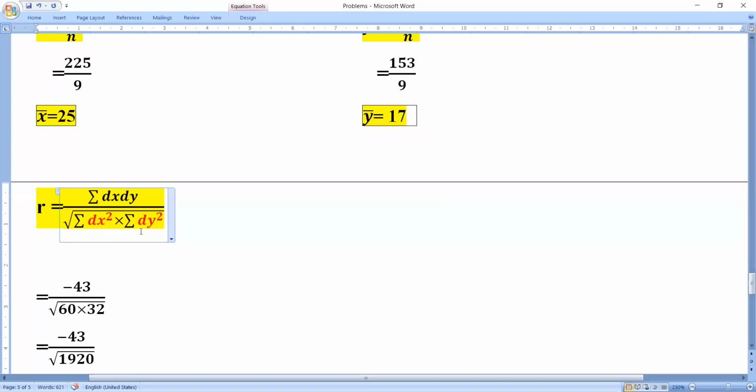This formula is applied when we are getting round values, not fractions. That is the direct method formula.